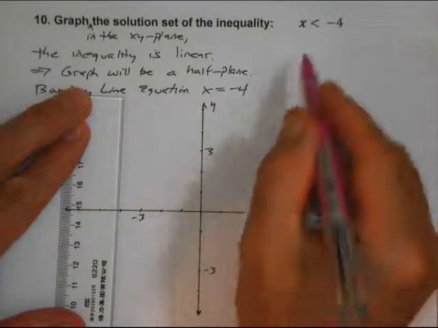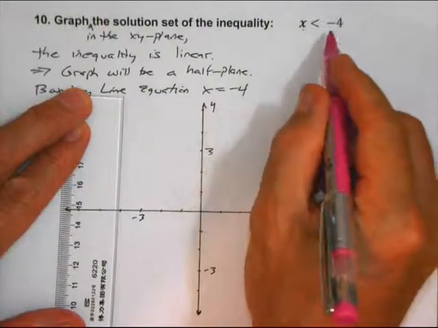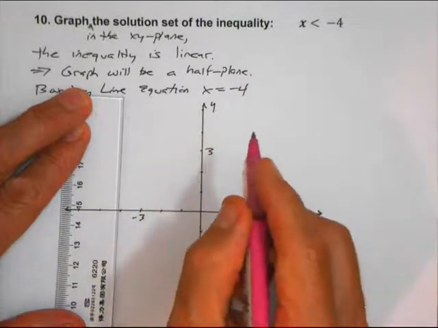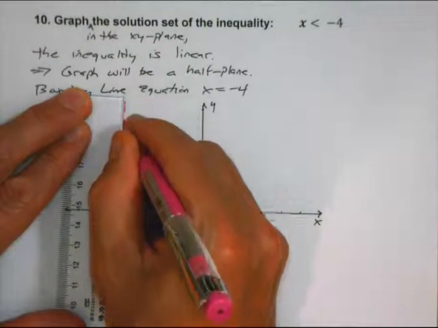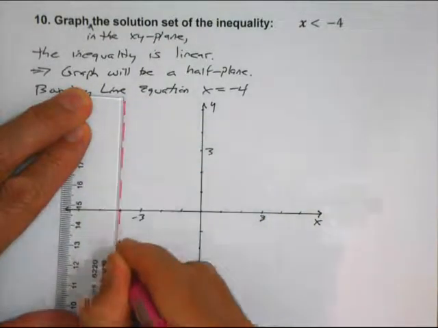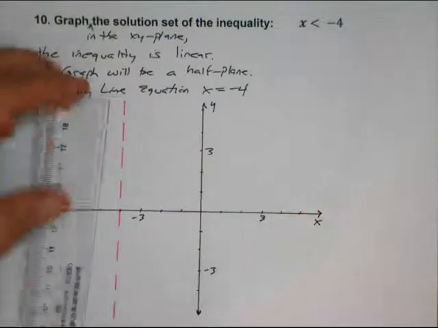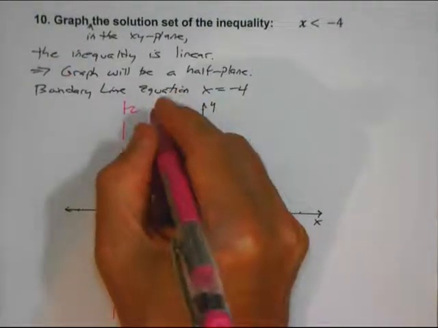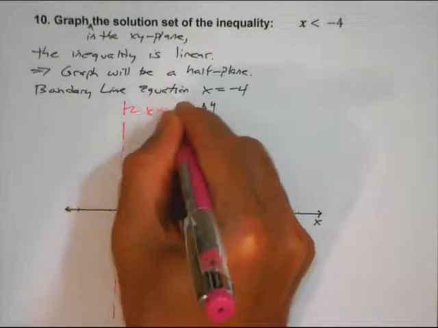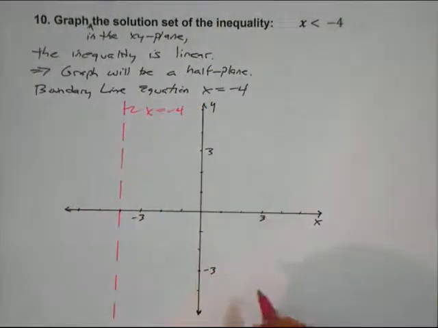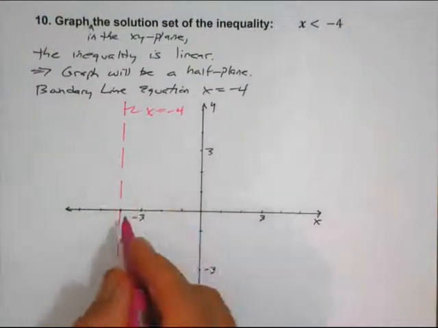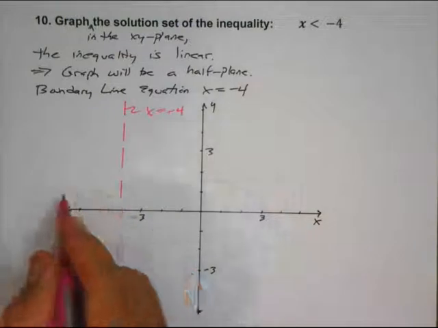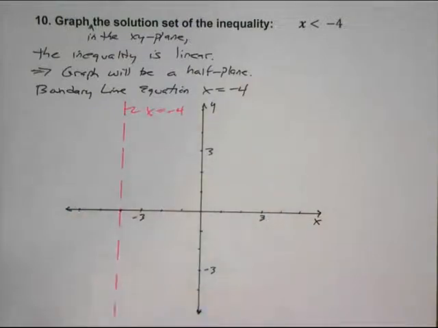Well, this inequality only wants x to be less than negative 4, the equals case not a solution, so let's make sure this is a dashed line. Okay, you can label this line with its equation, and now, by looking at this, x less than negative 4, we surely expect ourselves to be to the left of this vertical line. That's our half plane, and that's what gets the shading.